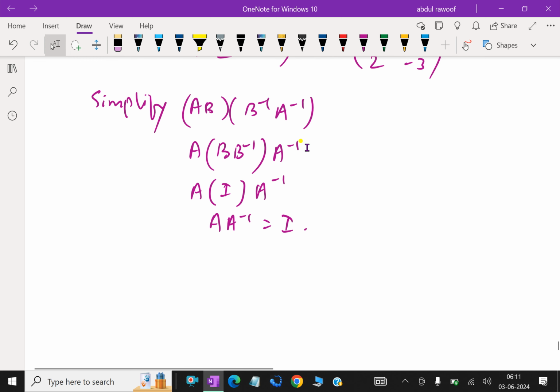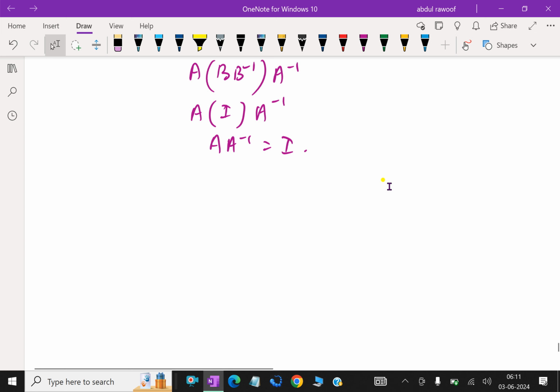Next we have to show B inverse A inverse AB. You have to simplify this. How?